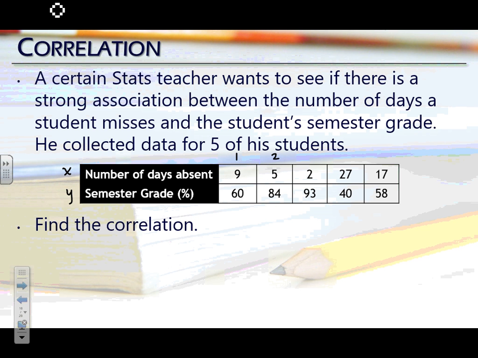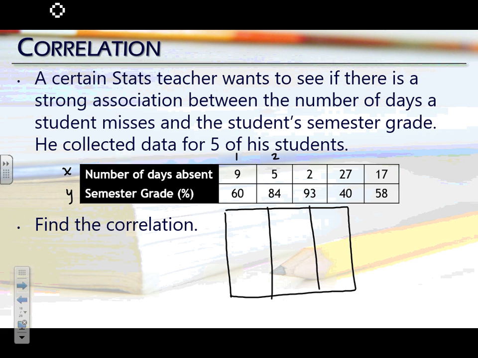Okay? So if we want to calculate correlation using that formula, here's a way to organize this. You can plug it into the formula as you see it and just continue to plug into that x minus mean over standard deviation over and over again, but this is what I do. I create a table, and I make 3 columns.